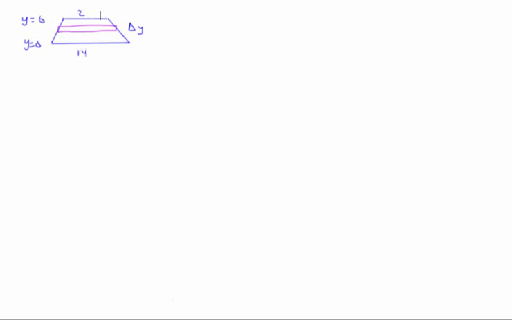This is 14 and this is 2. So our point, what we're going to do is write it as y comma the length. If we do that, we have points 0 comma 14 and then 6 comma 2.